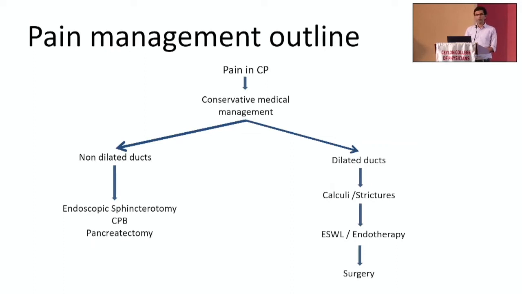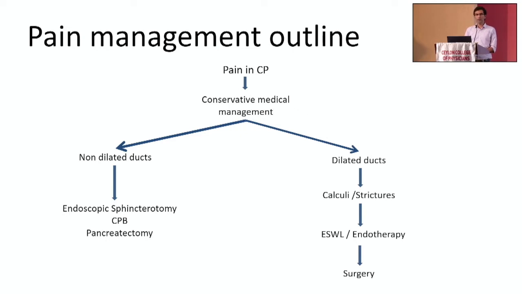Initially, every patient should be offered medical management, and if the patient is not responding to this conventional, conservative medical treatment, then the further management is decided upon the presence of intraductal hypertension. The presence of pancreatic duct dilatation, mainly main pancreatic duct dilatation, is implicated as a sign of intraductal hypertension as the main mechanism of pain in these patients.